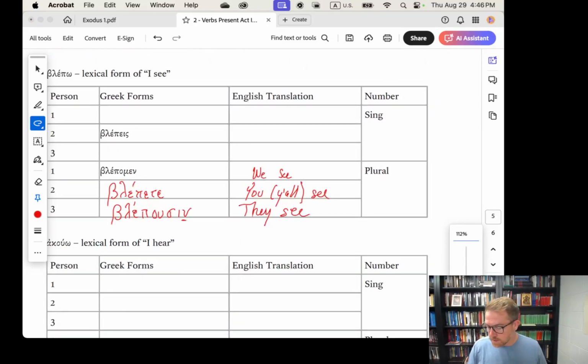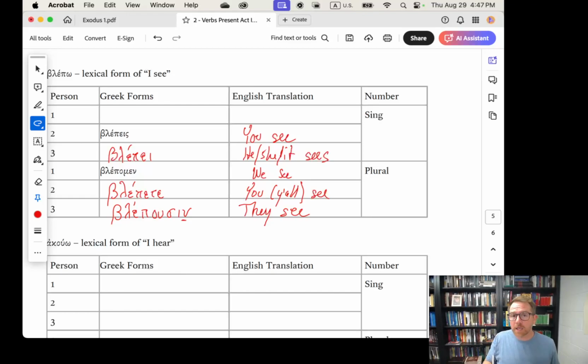Third person singular, blep-a. He, she, it sees. Second person singular, you see. And that's just you, just the one. So you have to remember this second person singular and the second person plural.